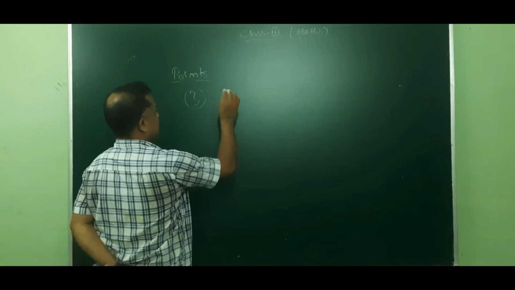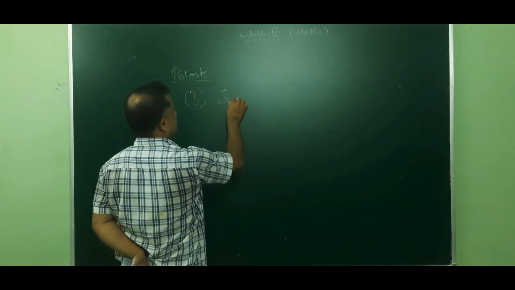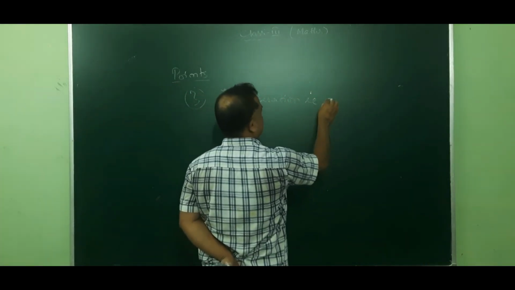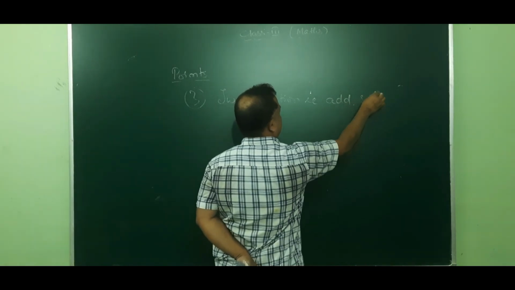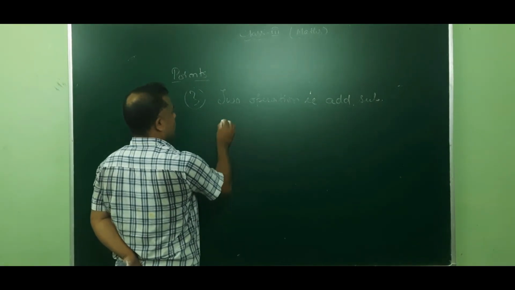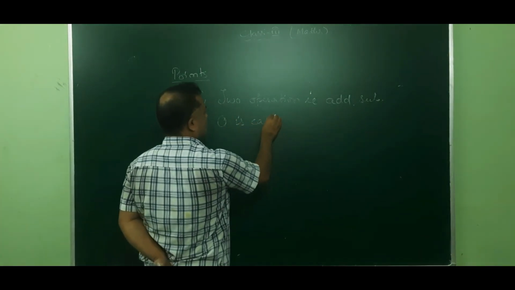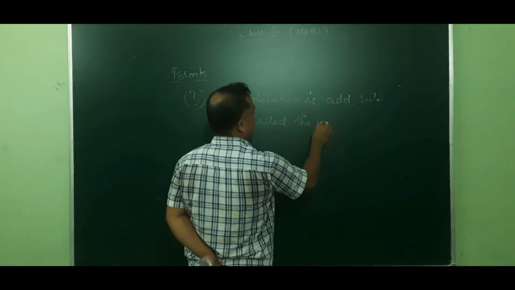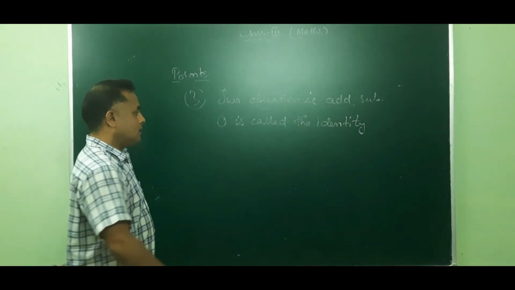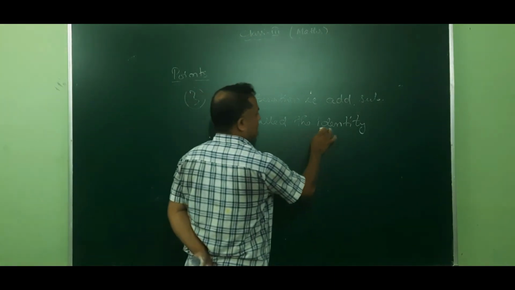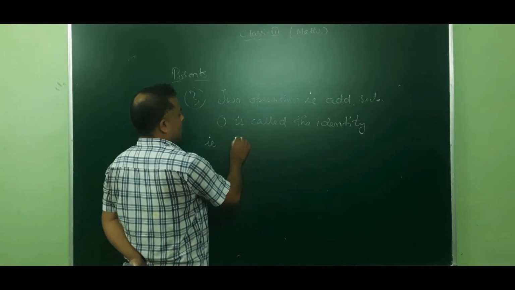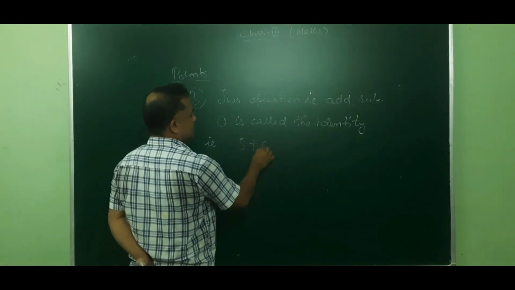In question number 3, we will see two operations, that is addition and subtraction. In addition and subtraction, 0 is called the identity. That is what we mean by the identity of addition and subtraction. See here, 5 plus 0.